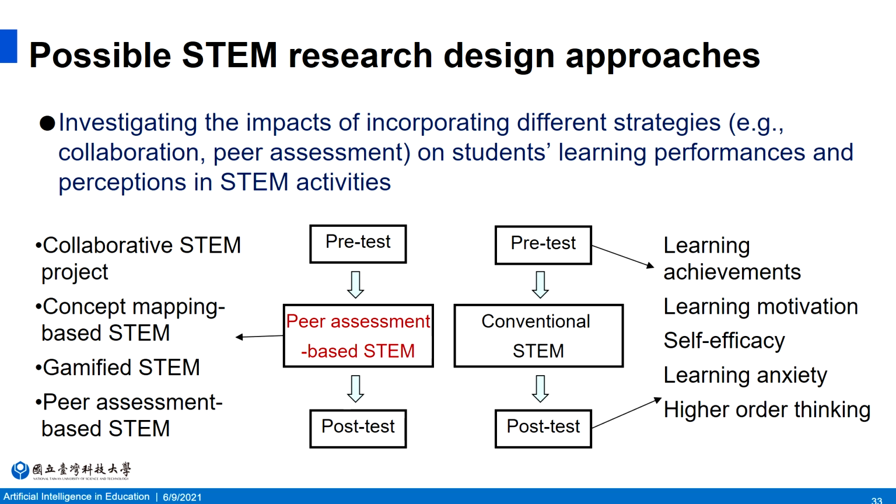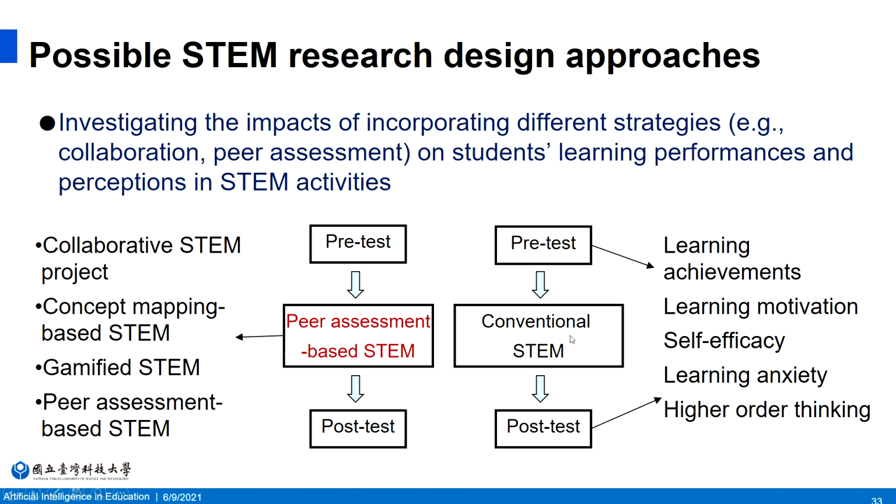This is another research design approach. In this approach, we try to investigate the impacts of incorporating different strategies, such as collaboration or peer assessment, on students' learning performances and perception in STEM activity. For the experimental group, the strategy could be, for example, a collaborative STEM project, or a concept mapping based STEM project, or a gamified STEM project, or peer assessment based STEM.